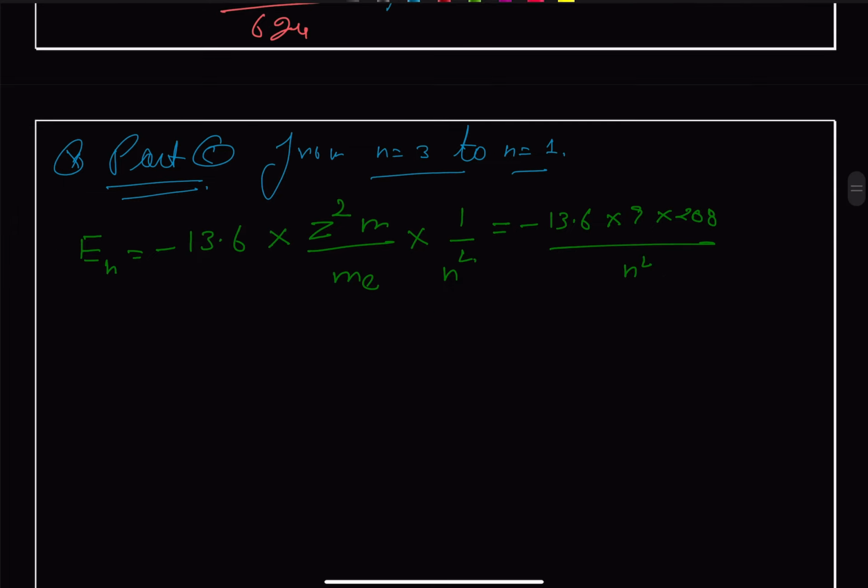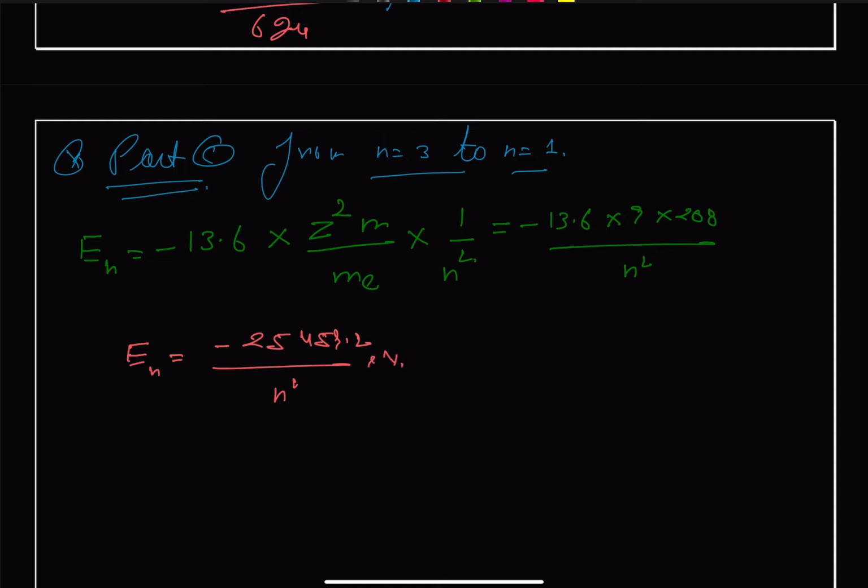So we get our E of n is equal to minus 25459.2 upon n square, and this is in electron volt.